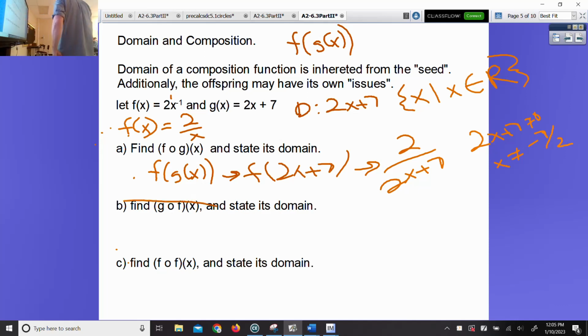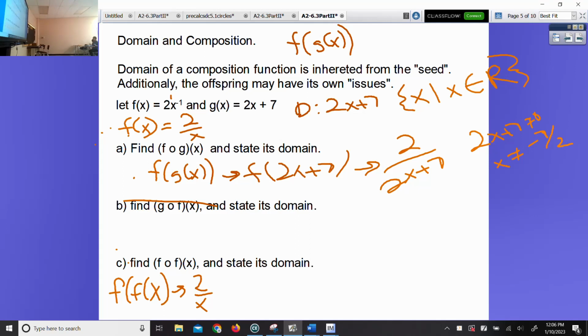So find f of f of x. What is f of f of x? f of x, and f of x was written to be 2 over x. Now, what a student's supposed to do is look at functions originally and find domain, although they never do it, so I'm not going to do it on this one.